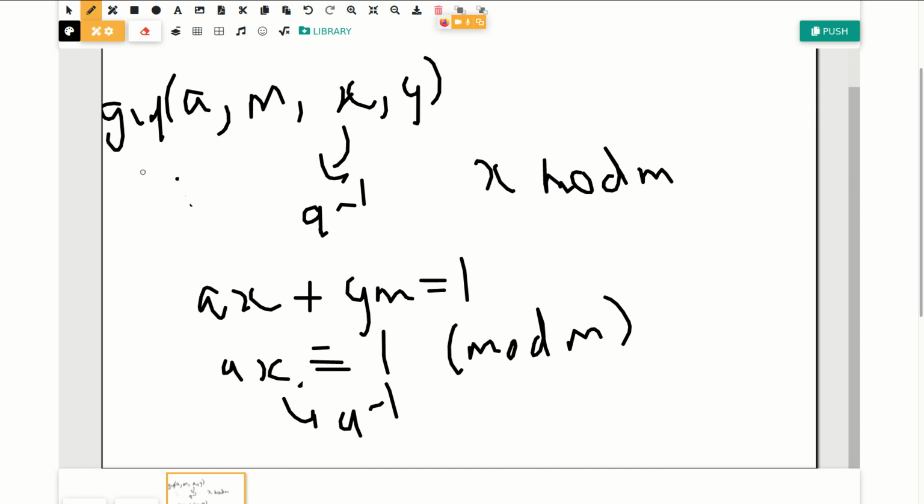And just to make sure that we do not get an incorrect result, we can pass the values without checking whether the GCD of them is 1 or not, and whatever value we get as GCD over here, we can check if it is equal to 1 or not. If it is not equal to 1, we can say that the modular inverse does not exist.